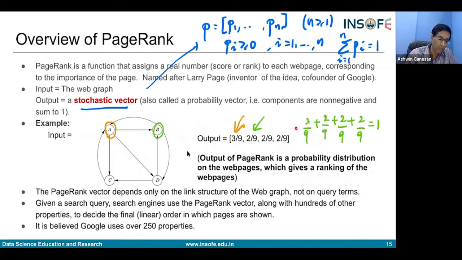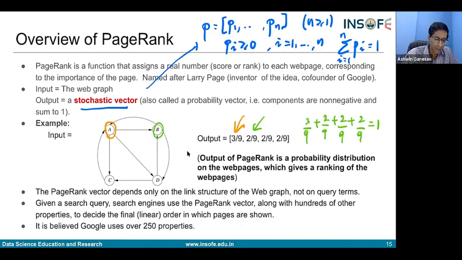What we're looking at in this module is link-based ranking. Google puts together the rankings obtained from various methods and combines them, probably using some machine learning technique, to arrive at a final single order in which to show all the web pages to the user.